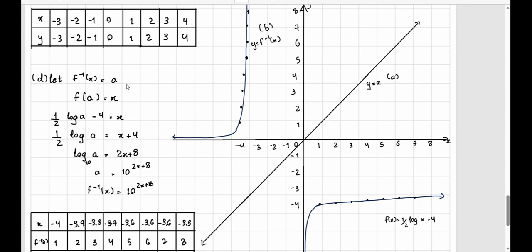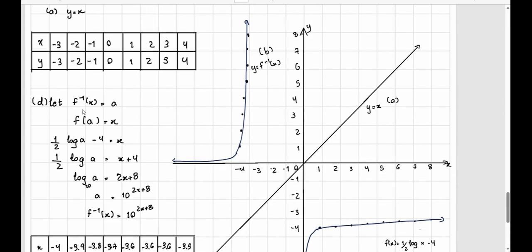So in this situation, this x is the domain of f inverse x, which is equal to the range of f of x. I mean, in this situation, it's f of a. So f of a equal to x.